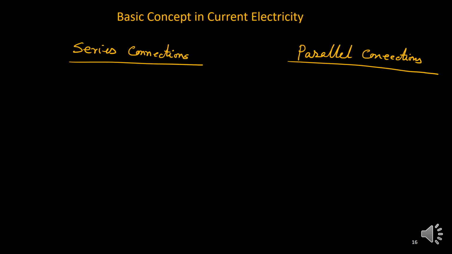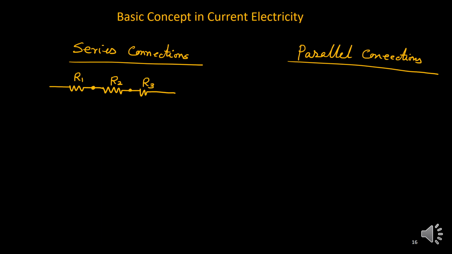In series connections the resistances are connected one after another. At the end of one resistance, the other resistance is connected. These resistances are R1, R2, and R3, connected one after another.